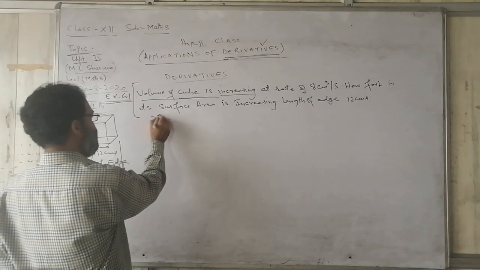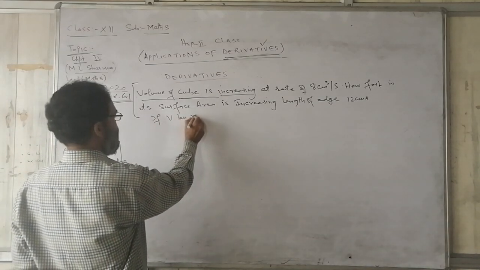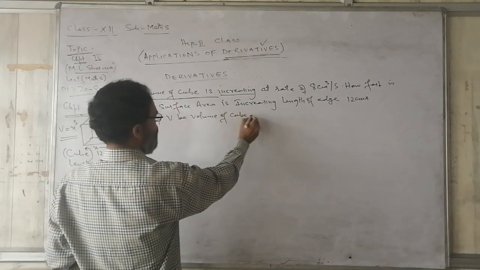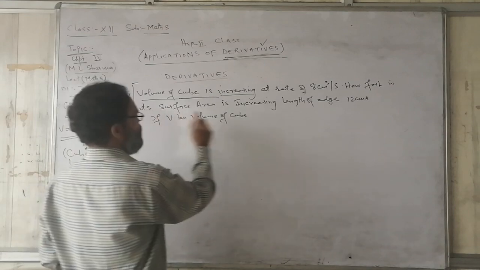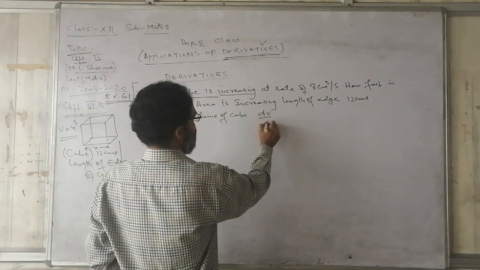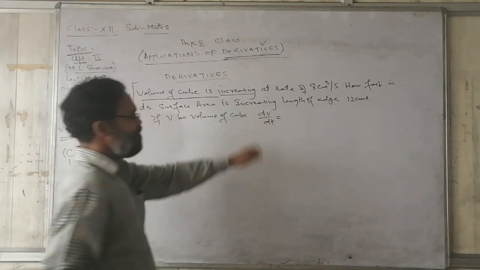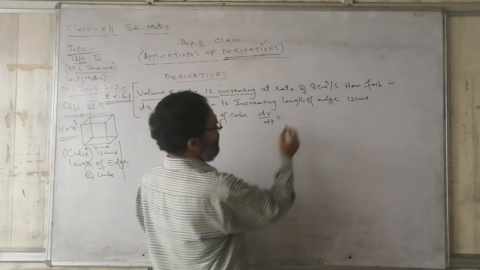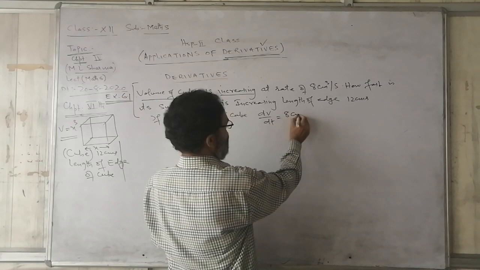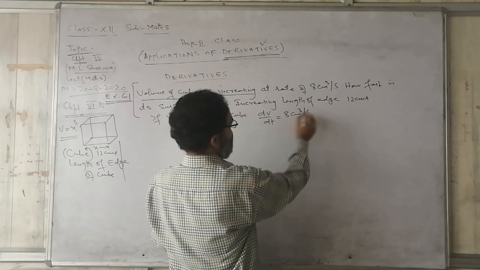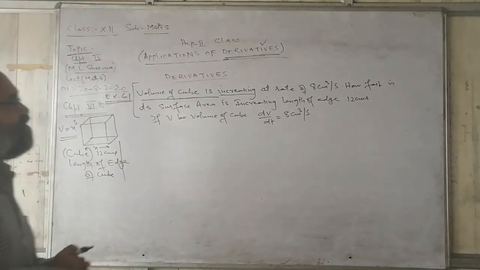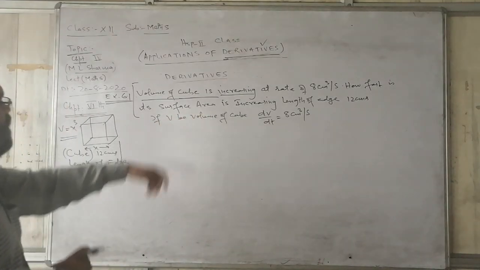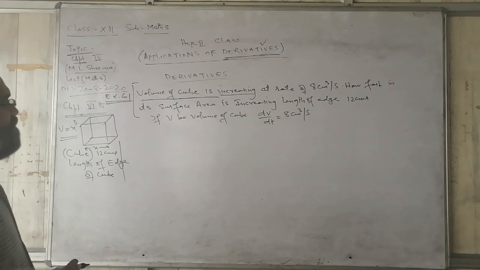So if V is the volume of cube, then dV upon dt, its rate of increase, is 8 centimeter cube per second. So this is given in the question, and he says how fast its surface area is increasing.